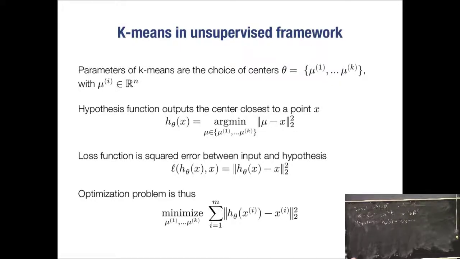So if I say argmin over mu in this set, mu1 to mu k, of the norm of mu minus x, that just means I look through my entire set of all my mu k's. I set mu with no superscript to be equal to each of those. And then I find the one that minimizes the distance between that center and x, my input point x. And I just output that center.